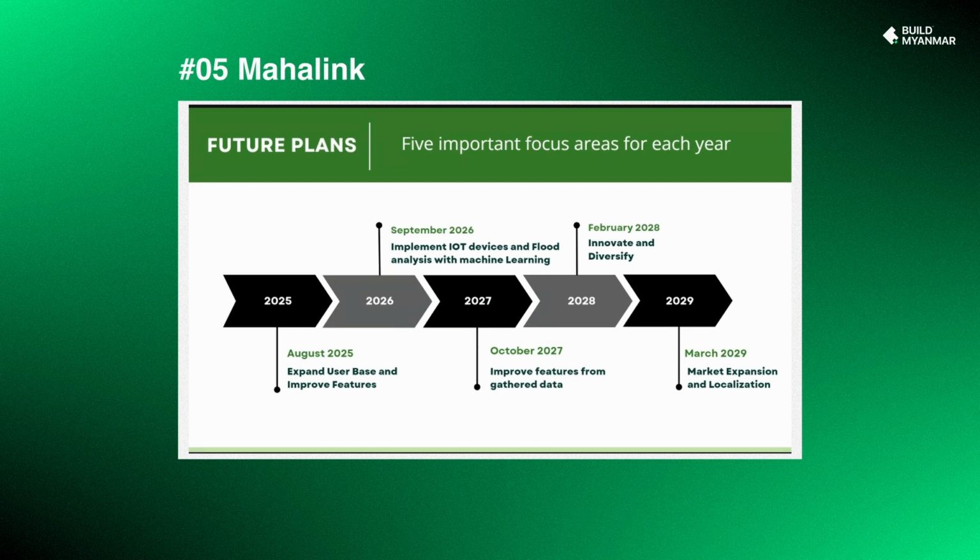The reason why we are planning to implement IoT devices is that our previous flood data is based on OpenWeather. It might be wrong or sometimes inaccurate. So by building our own IoT devices, we can get accurate data. And we also plan to improve our flood analysis feature with machine learning if we have enough data.